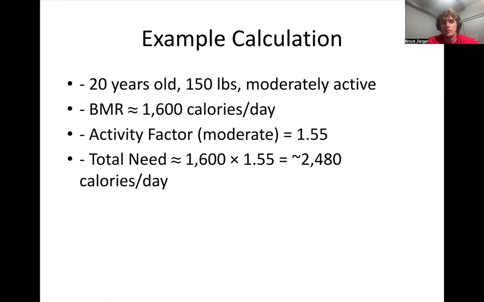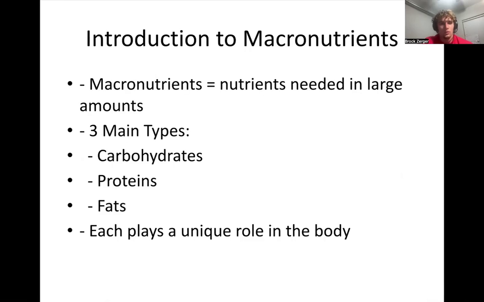We take that 1,600 times 1.55, which equals 2,480 calories a day. That is what they will need because that is what their body is burning, so you need to at least obtain that. Now, if you're trying to lose weight, which we can get into later, you could decrease that by a few hundred calories in order to get into a caloric deficit.